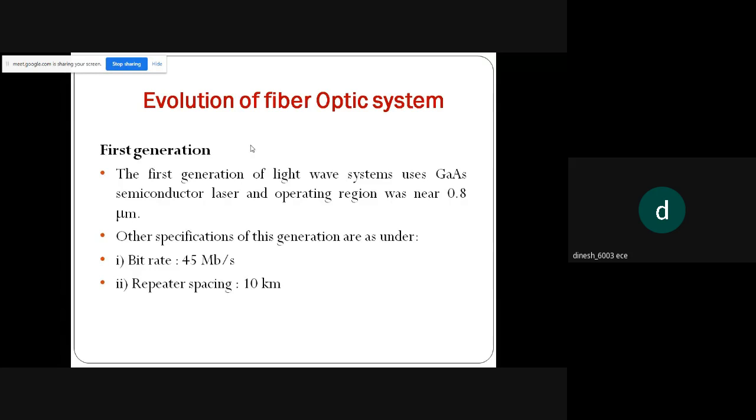This generation gave a bitrate of 45 megabits per second, Mbps, where for every 10 kilometers there was a repeater station deployed, repeating the signals.